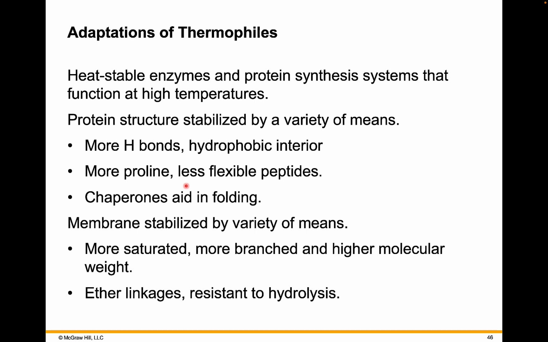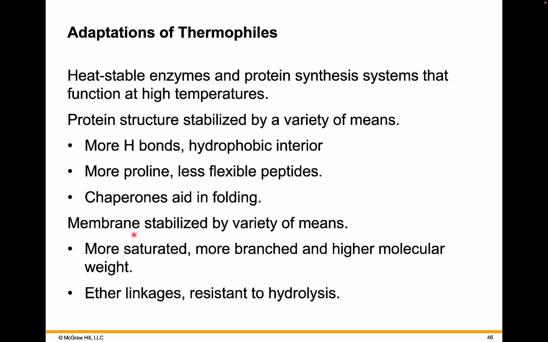Around the proline, it offers rigidity to many of the proteins. And as they are less flexible in some of the key regions of many of the proteins, they do not denature that easily. And there are also chaperone proteins, which help to keep the proteins in a properly folded form.